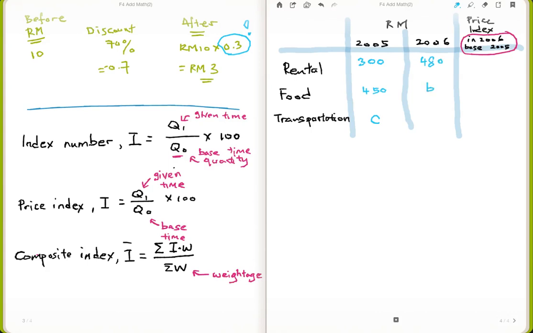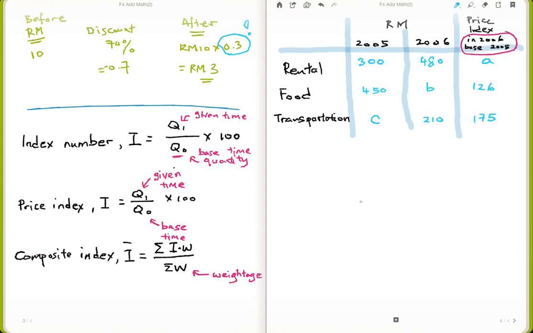This is B, and then 210, 2006, and then price index. This is A, 126, and 175.